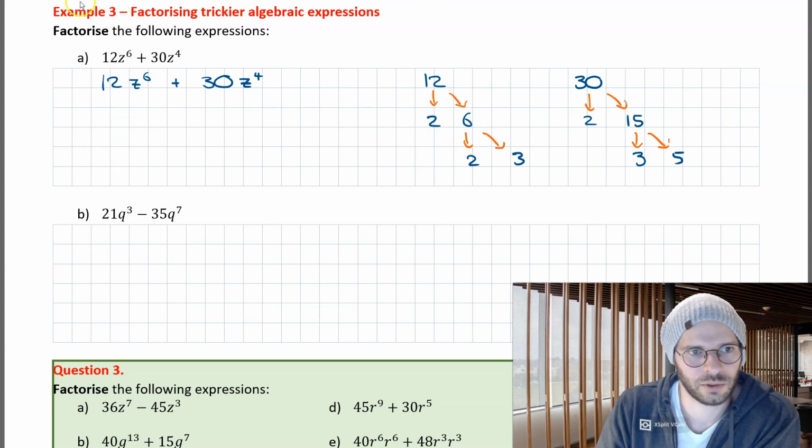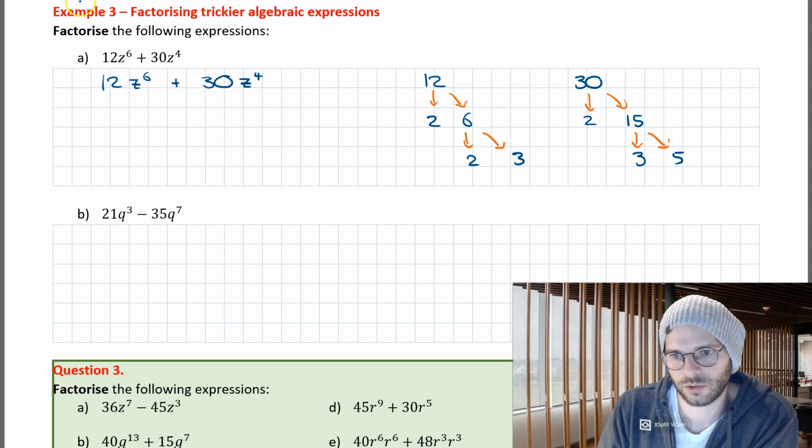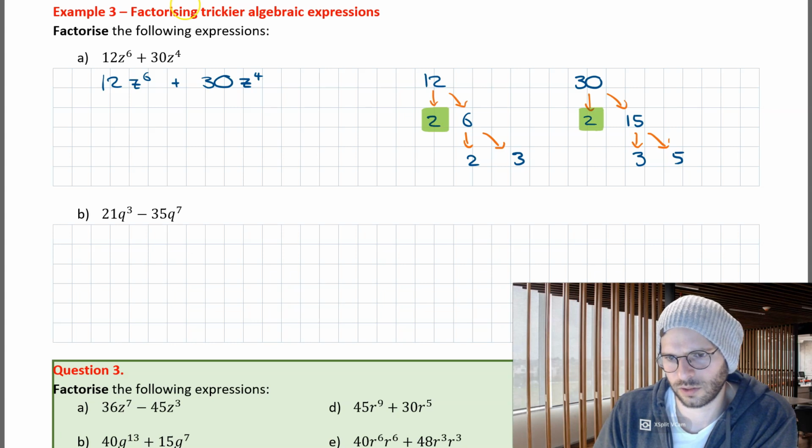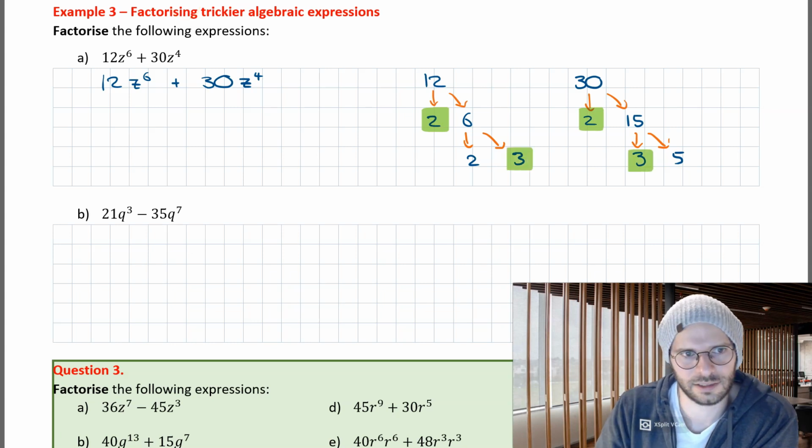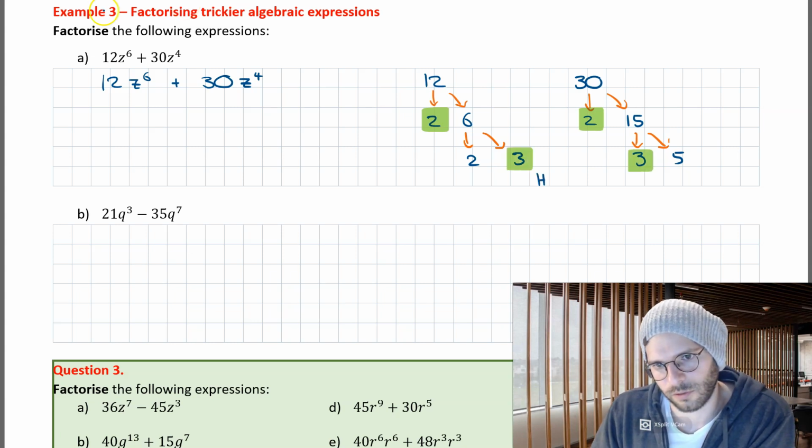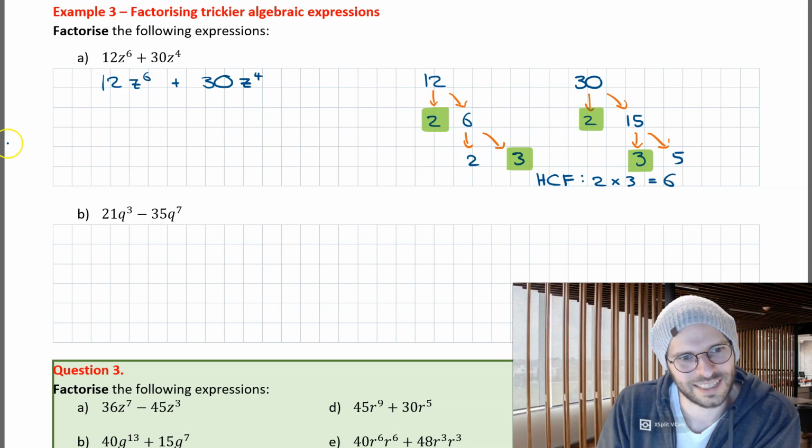Using the factor tree, we see the factors are 2, 2 and 3, and 2, 3 and 5. What's common? 2 and 3. So therefore the HCF is going to be 2 by 3, which is 6. Taking out the highest common factor, 12 divided by 6 is 2.